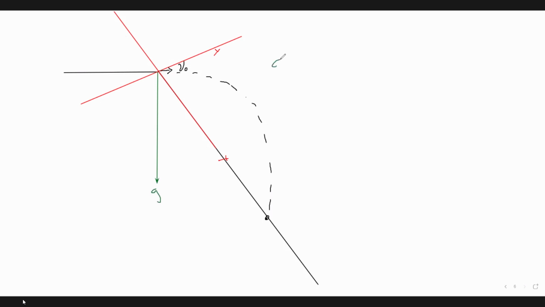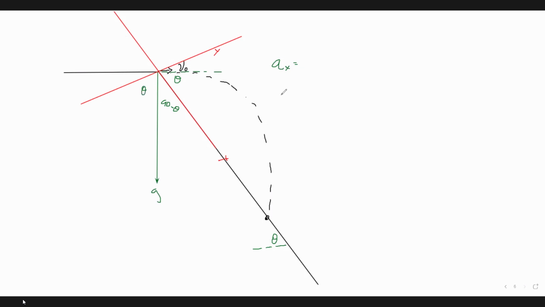So the acceleration in the x direction is given by, well, let's see. This angle right here is theta, which is the angle of the cliff. So I've defined the angle theta. This angle is 90 minus theta, which means that this angle back here must be theta.